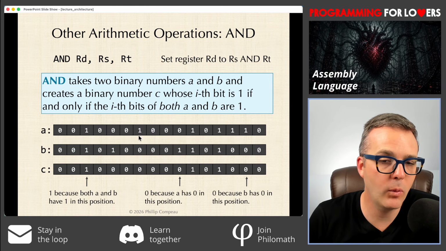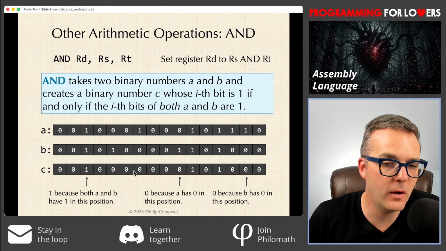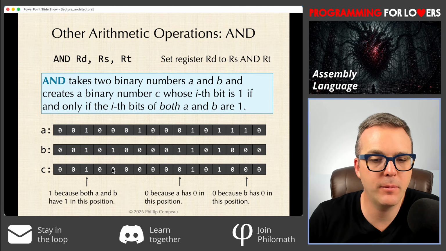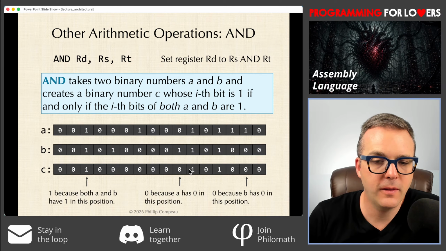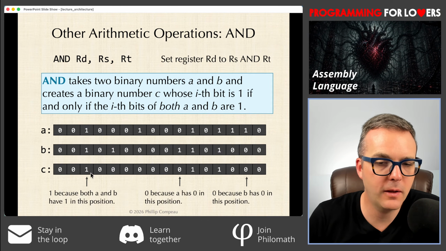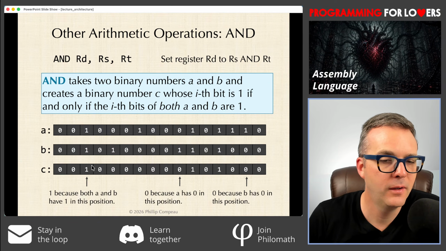And any column where you have a 1 and a 0 is also false, because for an AND of two statements to be true, we need them both to be true. Notice this column evaluates to 0, this column evaluates to 0, but a column like this one corresponds to a position where you have two ones. So you have a true and a true.